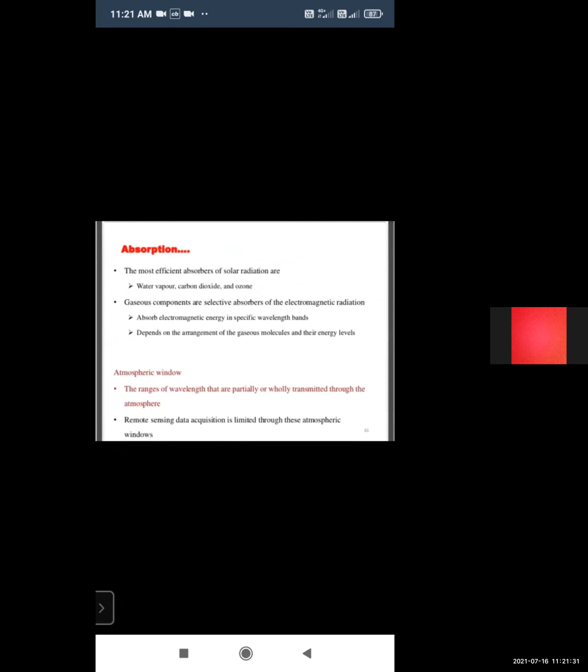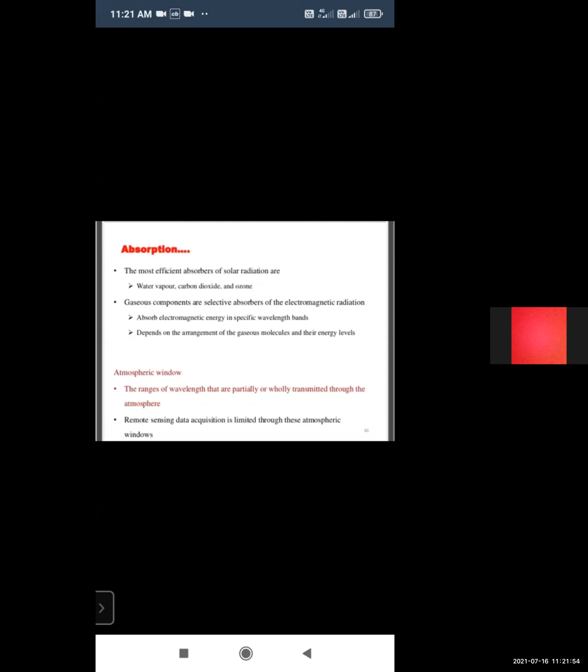So how much percentage of carbon dioxide is present in our atmosphere? That is 0.003%. And ozone is very little, that is 0.4 into 10 to the power minus 6 percent.